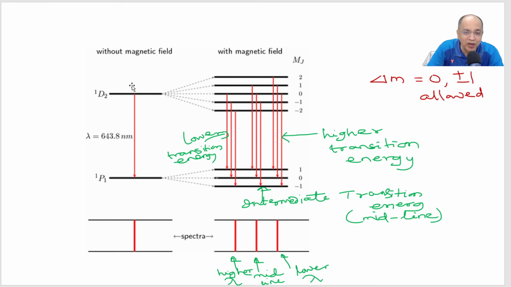So this is the orange line, single line from 3D to 2P. This is the higher energy transition corresponding to delta m is equal to -1. This is delta m is equal to 0, delta m is equal to +1, and you have 3 lines. Higher lambda, lower lambda, mid lambda. 3 lines, because the other 6 transitions have been disallowed.